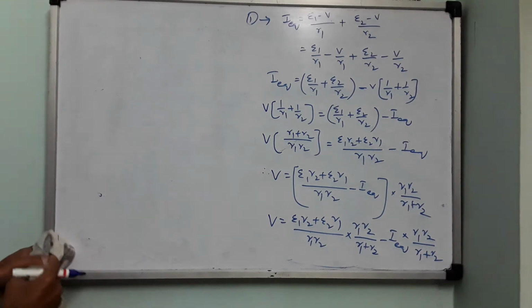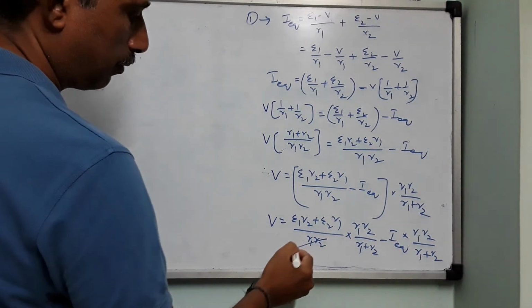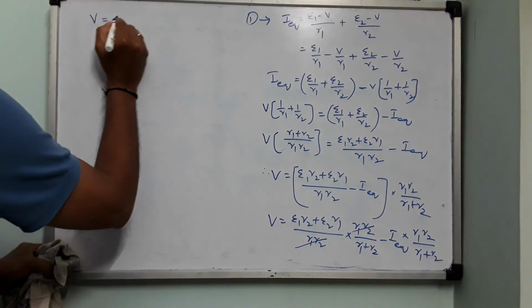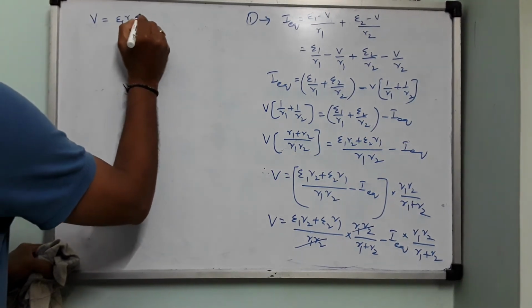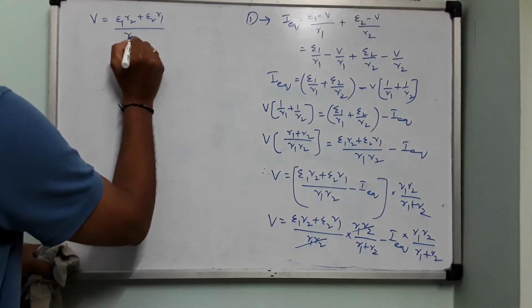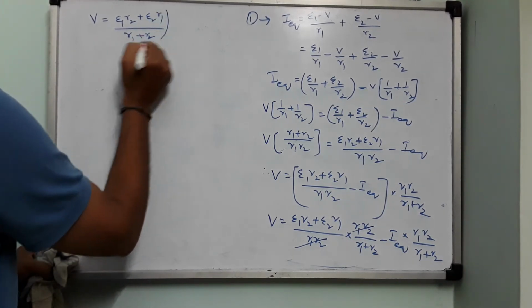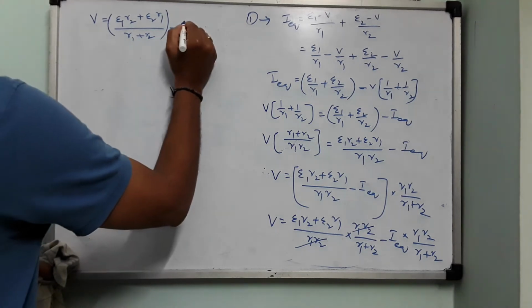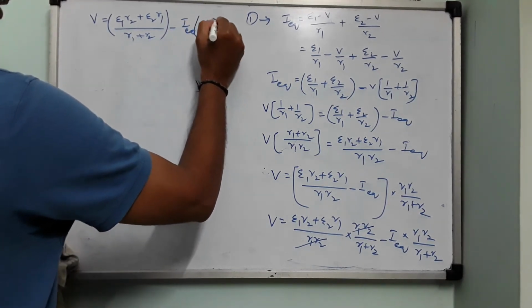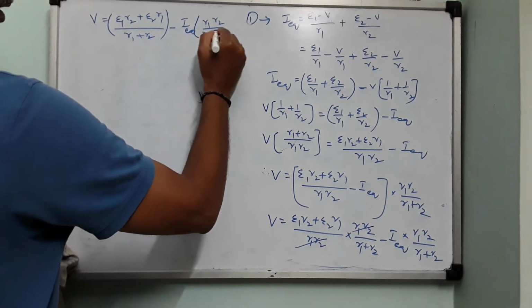Now you can see that in the first term R1 R2 will cancel. You will get V equals, this is E1 R2 plus E2 R1 divided by R1 plus R2. This one factor minus I equivalent into, this is R1 R2 by R1 plus R2.